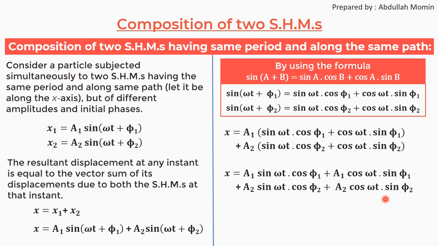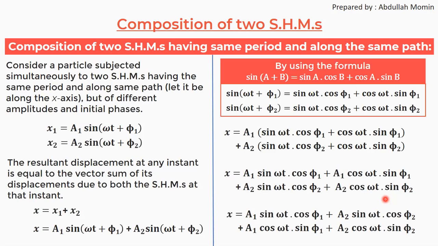Now multiplying a1 to the bracket and a2 to the bracket, or we are going to open this bracket, and now we have x is equal to a1 sin omega t into cos phi 1 plus a1 cos omega t into sin phi 1 plus a2 sin omega t into cos phi 2 plus a2 cos omega t into sin phi 2.